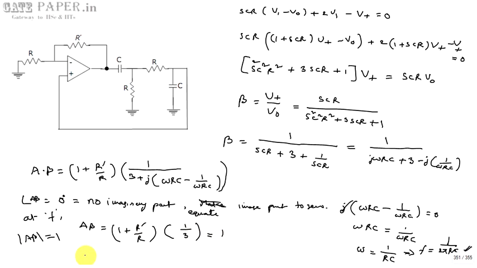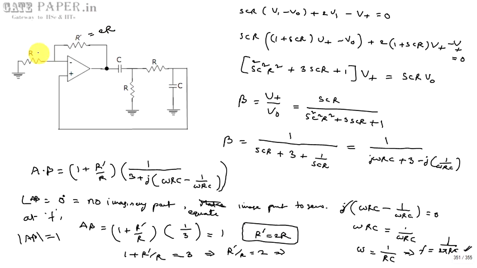So 1 plus R dash by R is equal to 3. From that, R dash by R is equal to 3 minus 1, which is 2. So R dash is equal to 2 times R. If you choose R dash as 2 times R, then this circuit will generate sinusoidal oscillations with the required frequency of 1 by 2 pi RC.